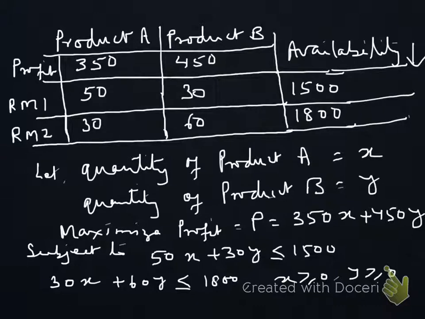Similarly, for raw material 2, 30X plus 60Y less than or equal to 1800, that becomes the constraint. And the two non-negativity constraints, that is X greater than or equal to 0, Y greater than or equal to 0, also we have to take.